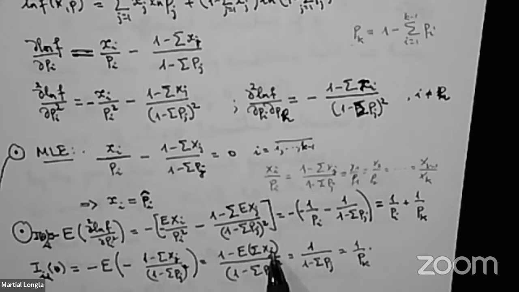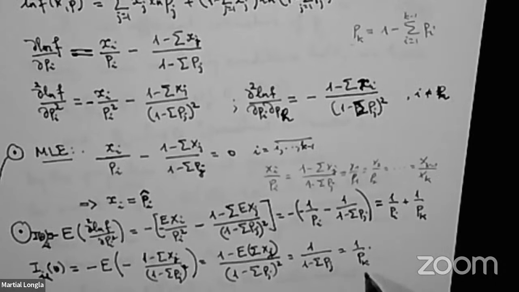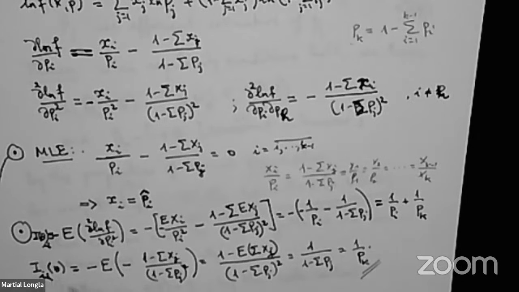The negatives cancel, so you get 1 over 1 minus the sum of pj's, which is 1 over pk. So the Fisher information that represents the correlation is just 1 over pk. And they are all the same. This does not depend on i or h. So all correlations are the same.